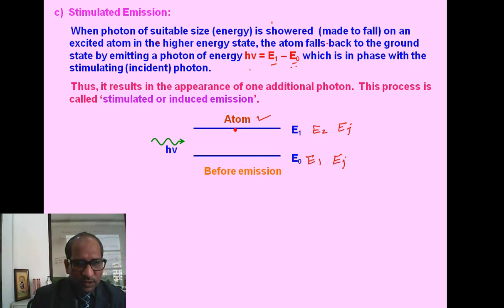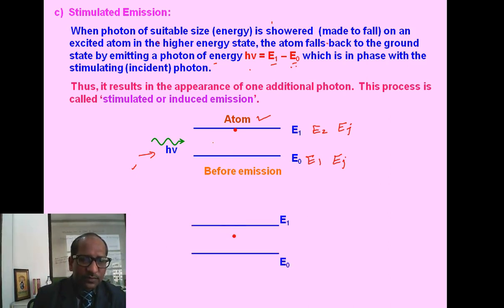So before emission, this is the situation, and here you can see this external source of energy, and as a result, now what happens? This excited atom jumps into the ground state and emits these two photons.